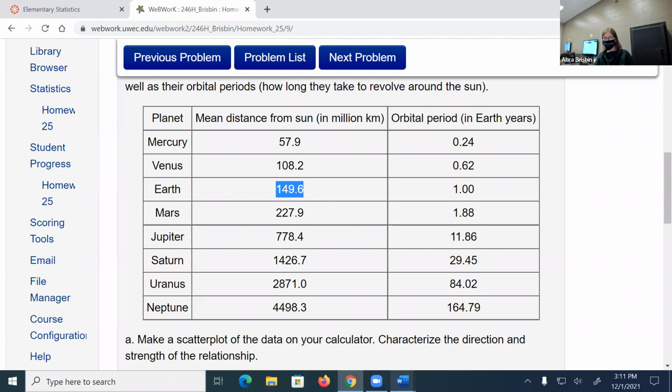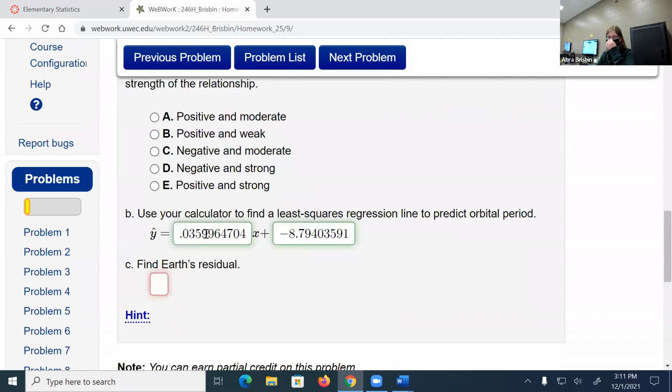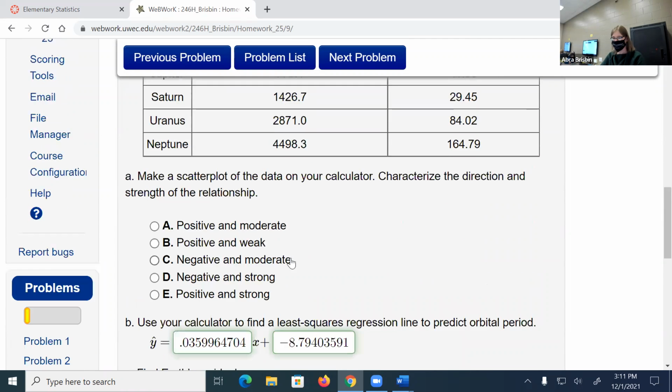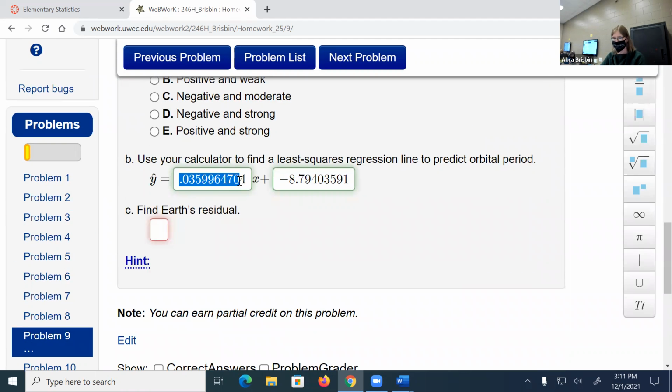Because I just have the formula written out here, it's not on my calculator, I'm going to go ahead and multiply 149.6 by my slope.